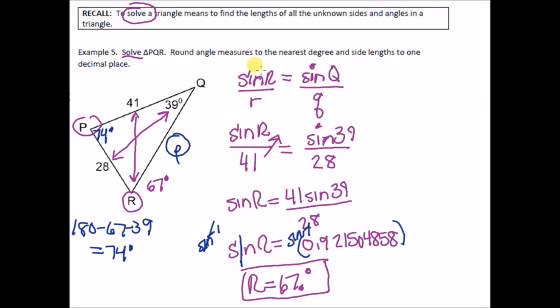We can actually make an extension onto this ratio. I'm going to extend this by sine P over P. Because again, the P is in the same triangle, so it's going to have the same ratio as sine R over R or sine Q over Q. So we actually have the entire sine 39 over 28 equals sine 74 over P. Oh, this time the P's in the denominator.